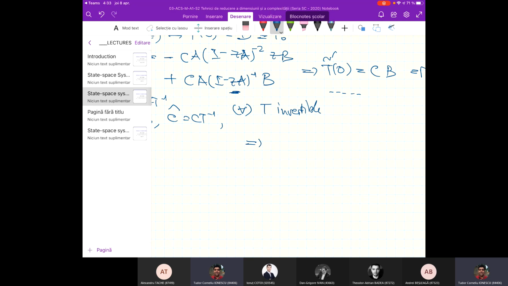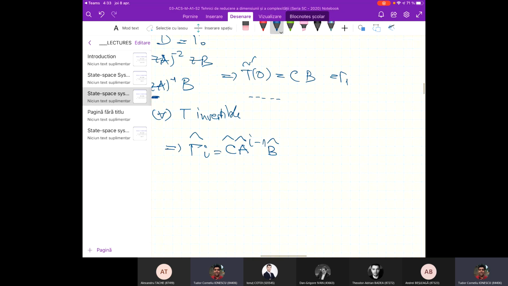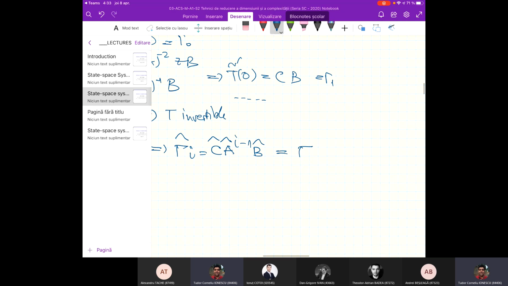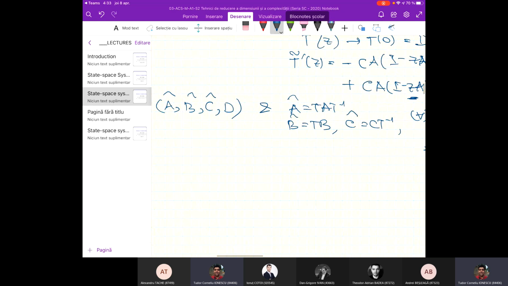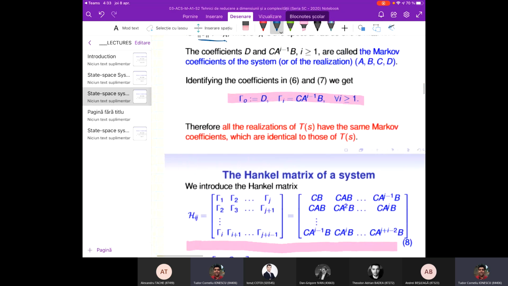then gamma hat i, which is C hat A hat to the power i minus 1 B hat, equals gamma i, which is CA to the power i minus 1 B. This is what it means, and you can easily prove that because you have all the ingredients here. You can prove it yourself. So all the realizations of T(s) have the same Markov coefficients.